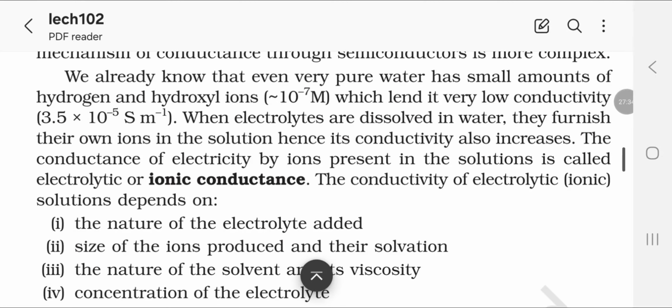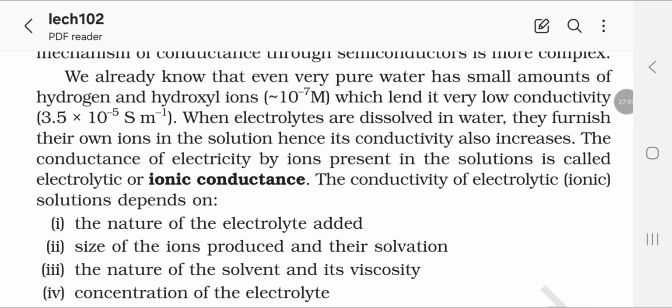We already know that even pure water has a small amount of hydrogen and hydroxyl ions which lend it very low conductivity. When electrolytes are dissolved in water, they furnish their own ions in the solution and hence its conductivity also increases. The conductance of electricity by ions present in the solution is called electrolytic or ionic conductance.